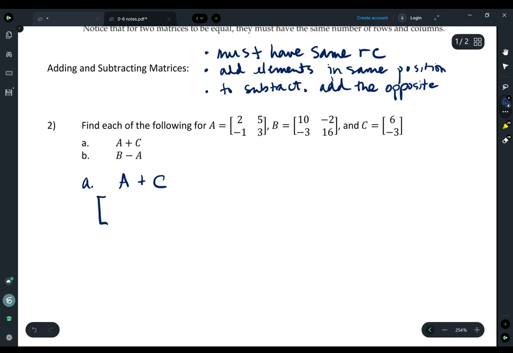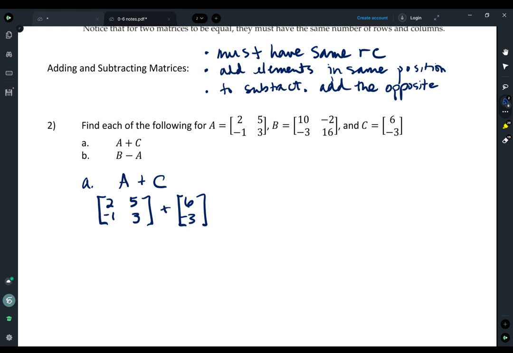And then I'm going to actually copy down those matrices. And I know at first just writing them is really awkward. We're not used to organizing all these numbers and having these brackets around everything. So what I notice here is that my dimensions are not the same. I have a 2 by 2 matrix, and this one's got 2 rows and 1 column.